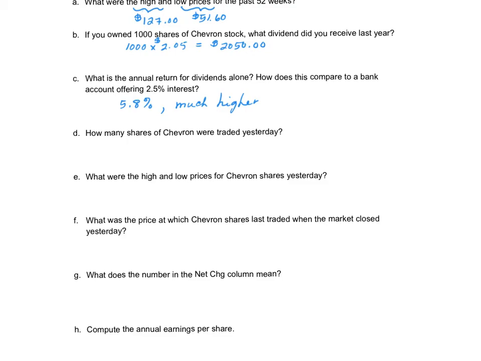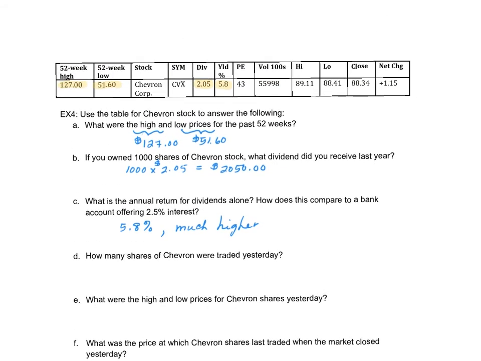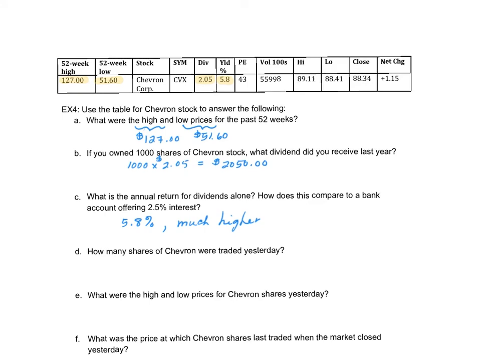How many shares of Chevron were traded yesterday? So I did want to make a note that in this particular textbook, the stock table is volumes per 100. That's not always the case if you go online and you look at a stock table. Sometimes the volume is just a volume. It doesn't say per 100 or hundreds. And in that case, the number that you see is the actual number of shares that were traded the day before.